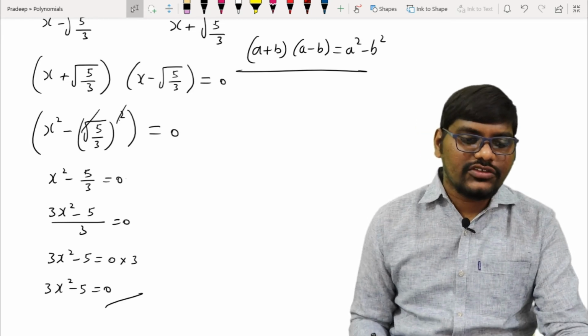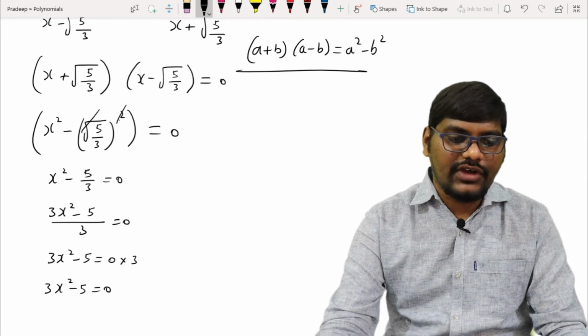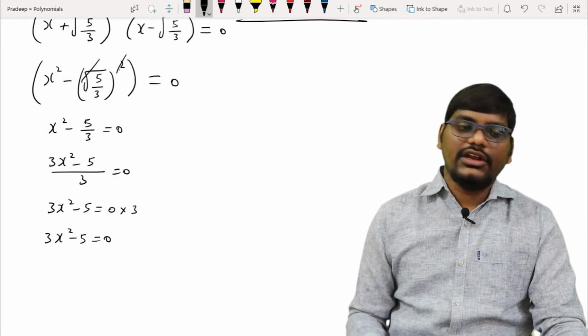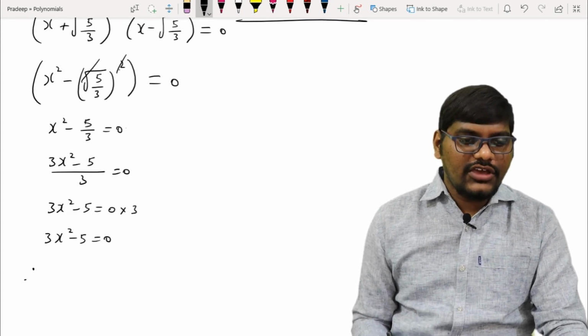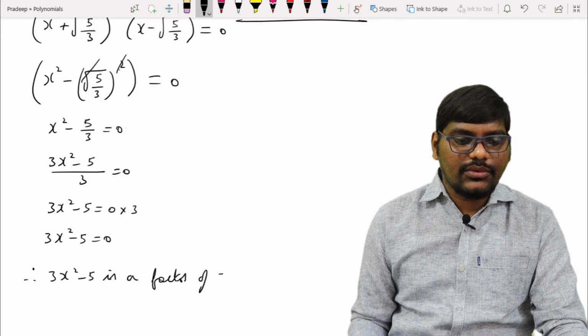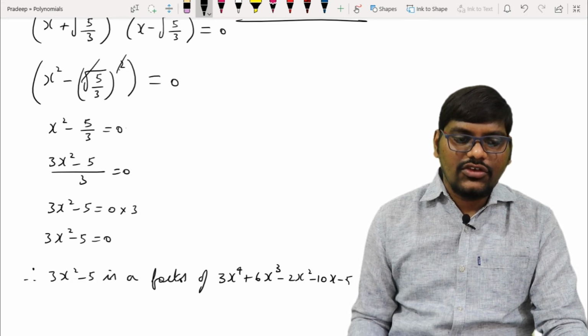This is the expression we got, and it is a factor of the given polynomial. Therefore, 3x square minus 5 is a factor of the polynomial 3x power 4 plus 6x cube minus 2x square minus 10x minus 5.